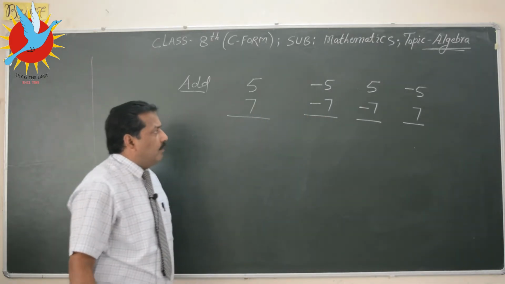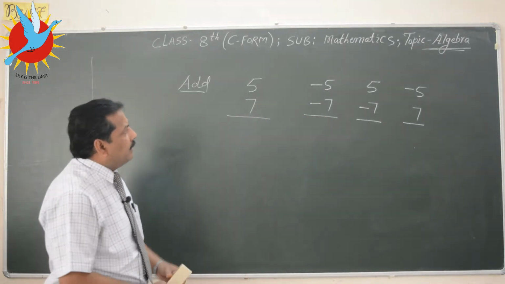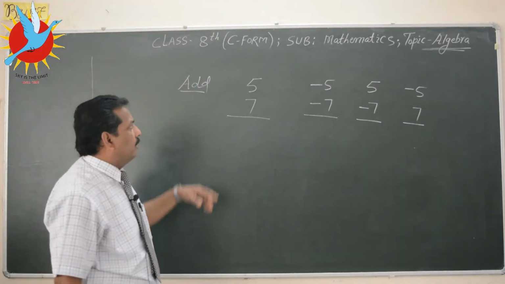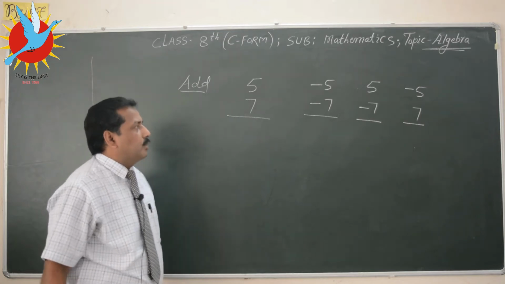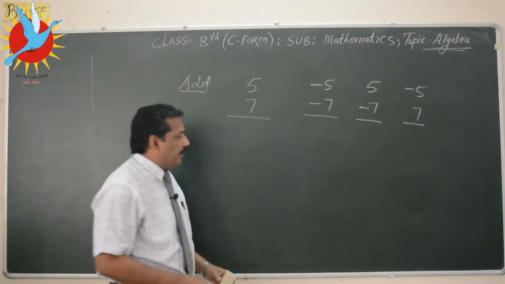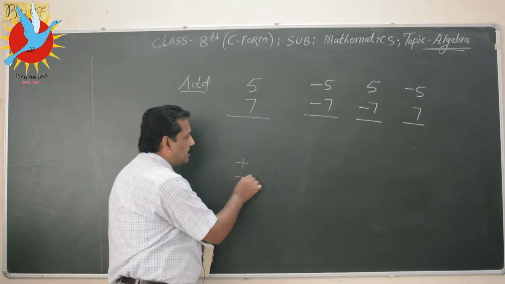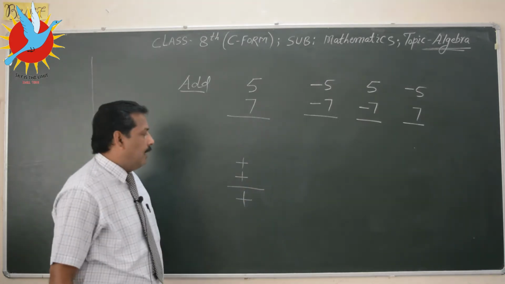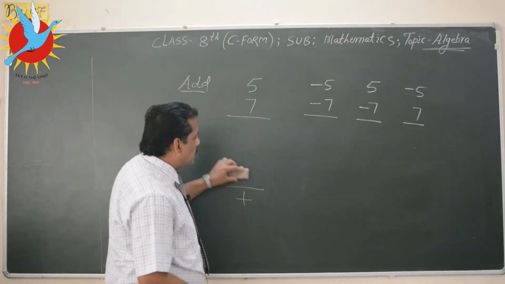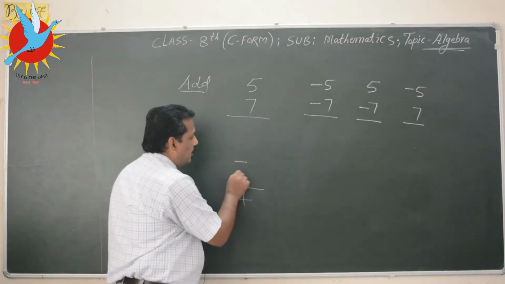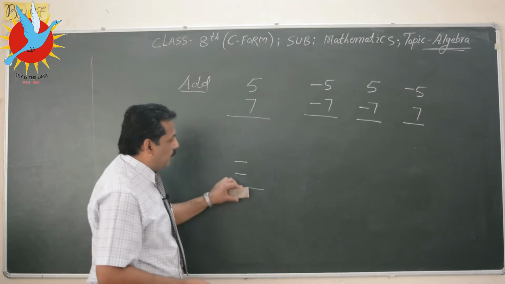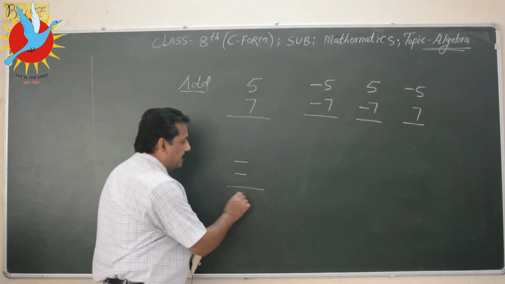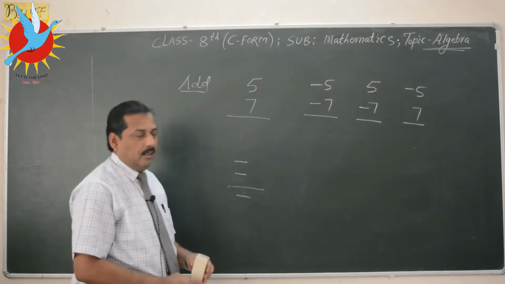I am very confident that you can do all these four operations. This is addition of two numbers, 5 and 7. So remember, what is the rule? If plus and plus are to be added, the sign will always be plus. If two negative numbers are to be added, the addition of two negative numbers is always negative, so the sign will be minus.